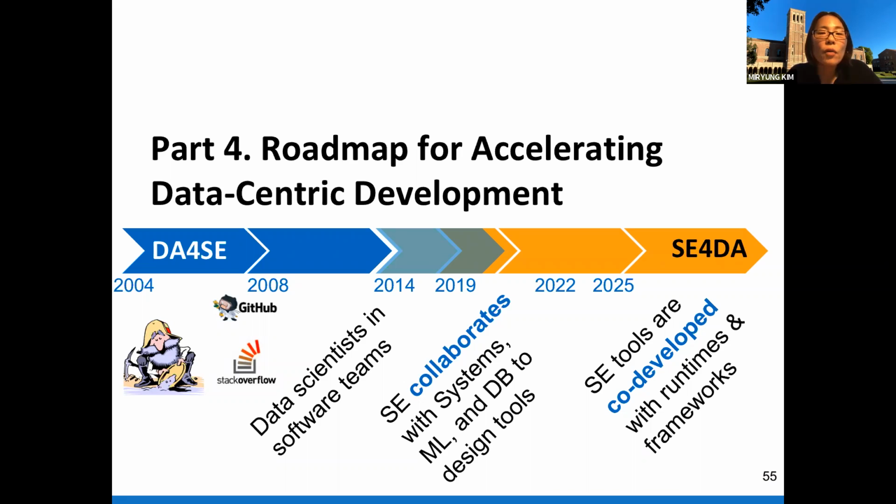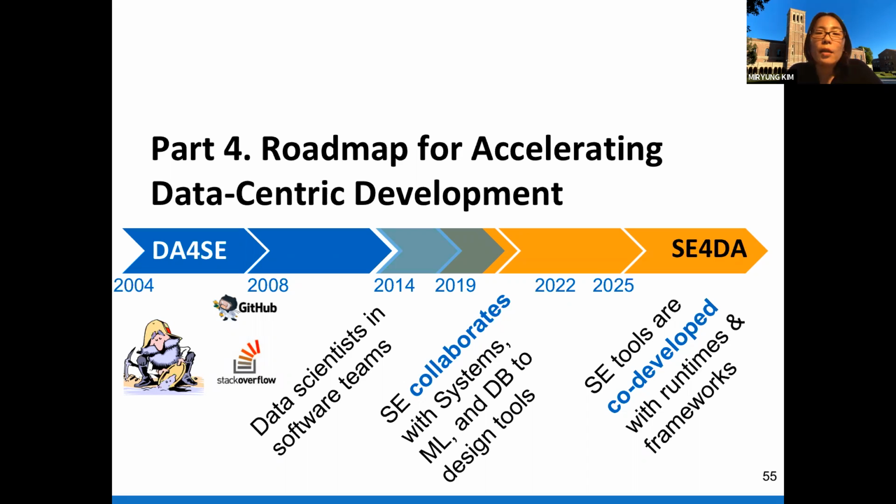In the future, I hope to see our software engineering community collaborate deeply with communities in big data systems, machine learning, databases and AI to design tools to improve developer productivity.